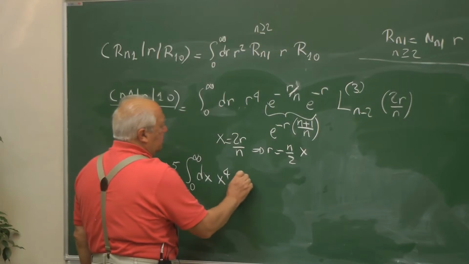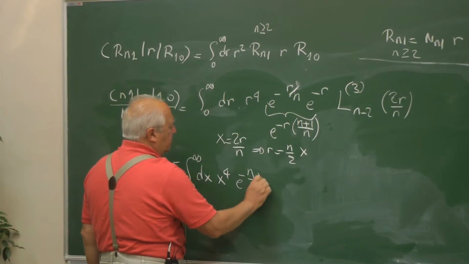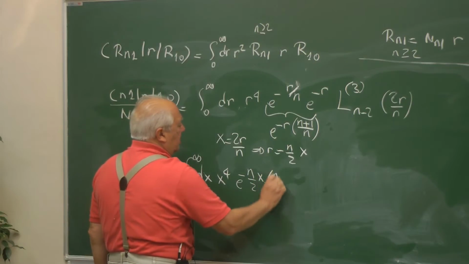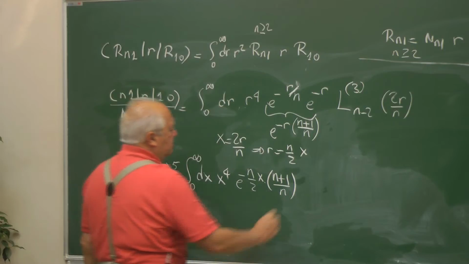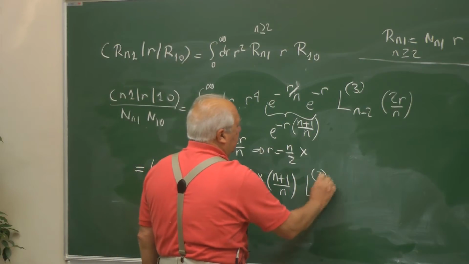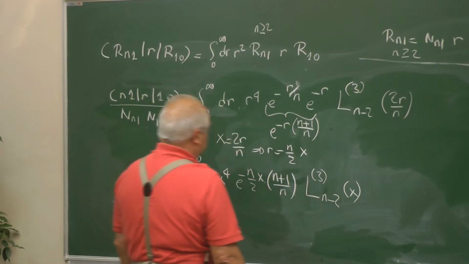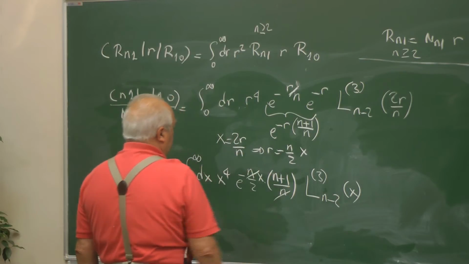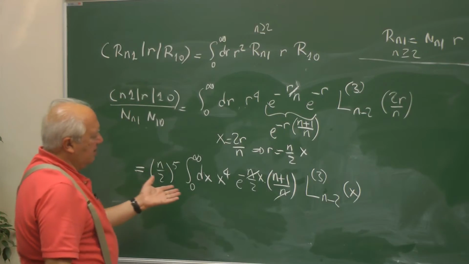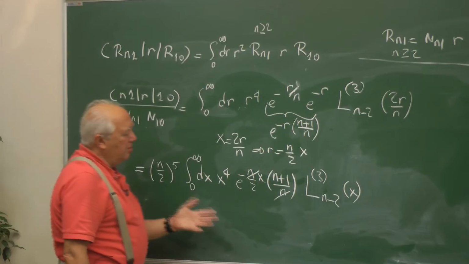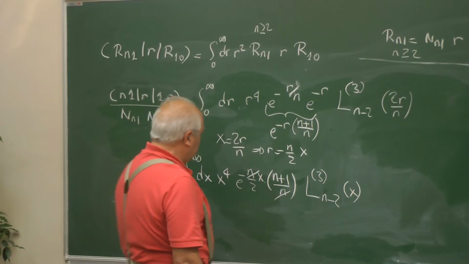Now, e to the minus, instead of r, we write n over 2 x, n over 2 x times n plus 1, times L3 n minus 2 of x. So these n's go. Now we have to take this integral for all n larger than or equal to 2.